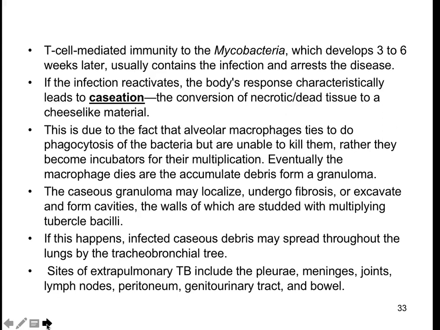Now, it's a really smart move for that third line of defense to wall them off, because what they're trying to do is make sure that there's no blood vessels in the area so that they starve the mycobacterium and it should die. And the person then goes into remission.